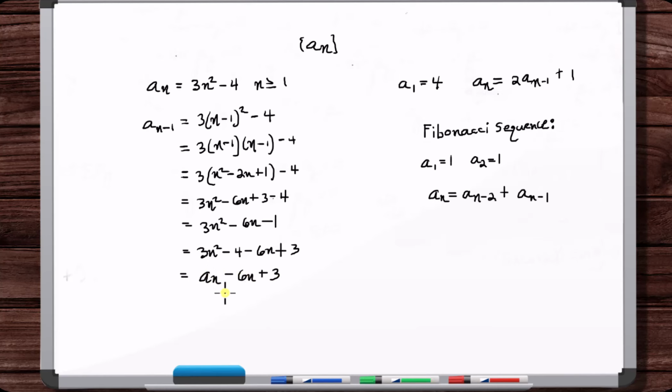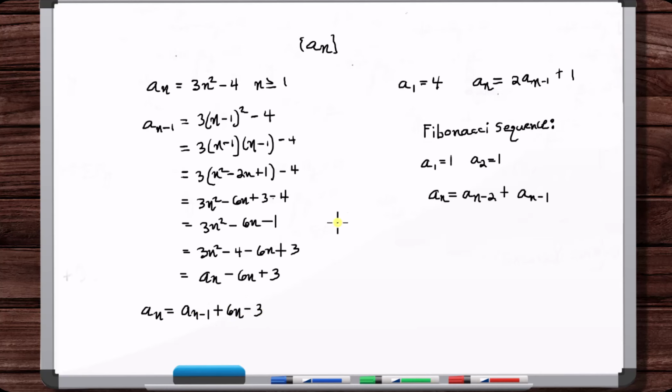Okay? So now just put it in this form here. Bring the minus 6n plus 3 to the side of a sub n minus 1. So we've got a sub n is equal to a sub n minus 1 plus 6n minus 3. Okay?